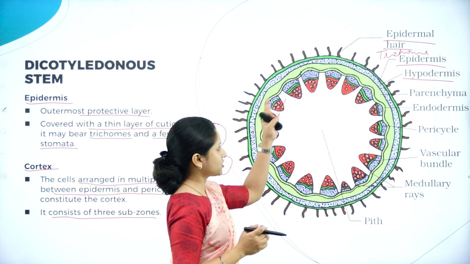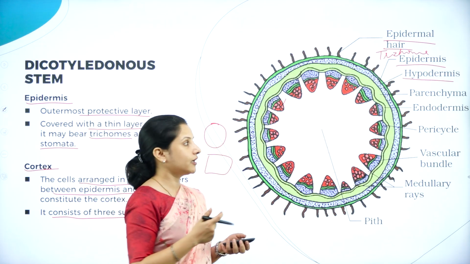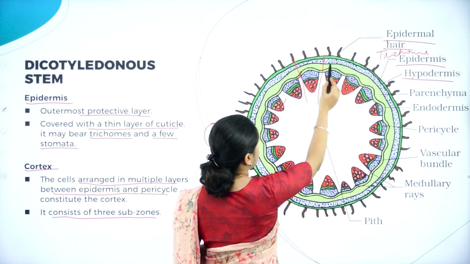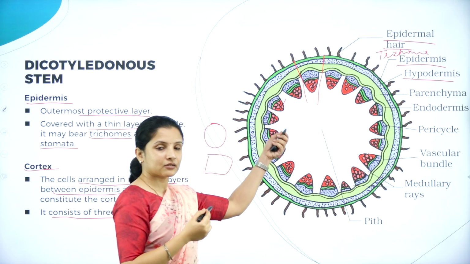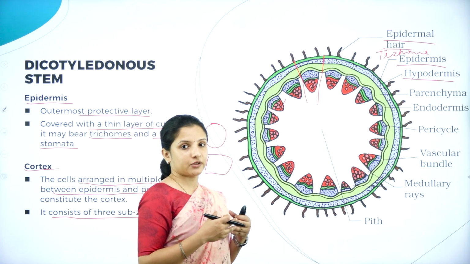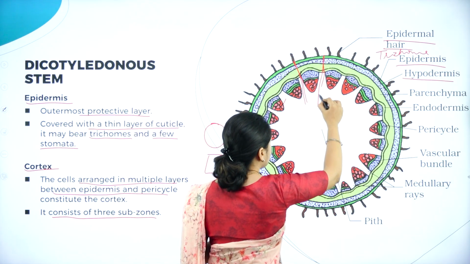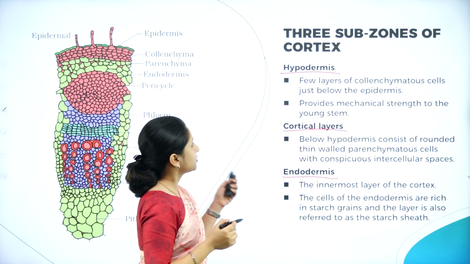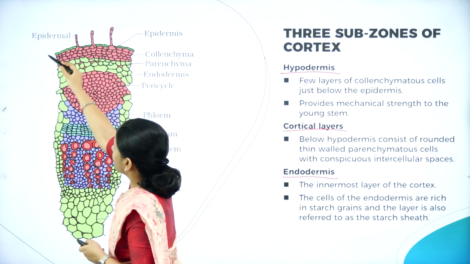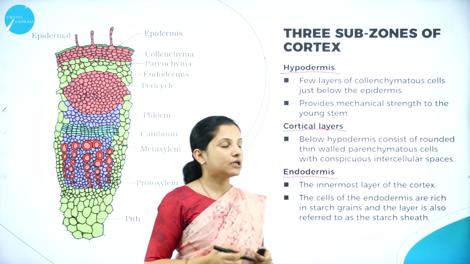In textbooks, only a small portion of this will be shown, not the whole thing, because if all the cells were covered in the diagram, it would be difficult to differentiate between them. That small portion is what you see here, and the same thing continues throughout in a circular form. So this is the diagram of a dicot.